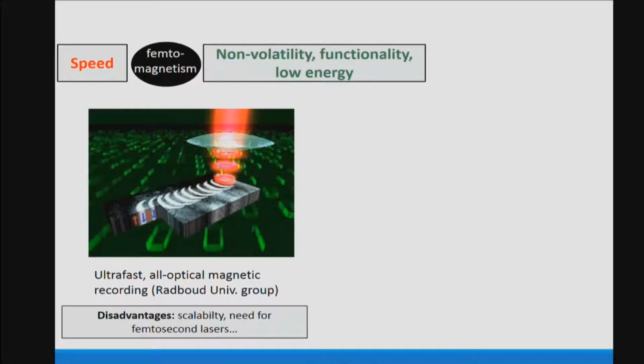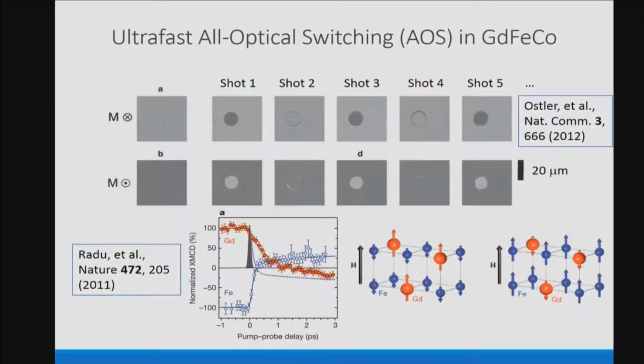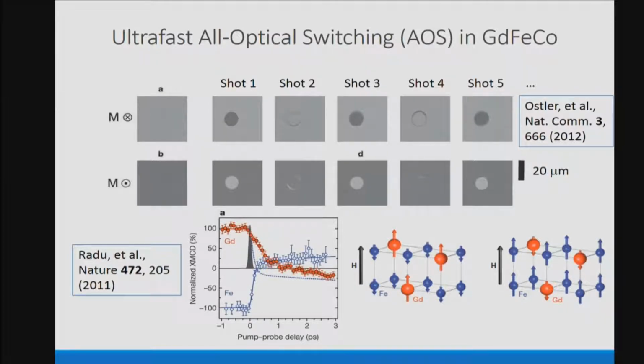Now, we looked at all of this, and what we discovered was that, first of all, the best understanding of this physics is that all the laser is doing is delivering an extremely short burst of energy to the magnetic material. That is absorbed by the free electrons. This is a metallic material. The electrons get extremely hot for a very short period of time because they are out of equilibrium with the lattice.